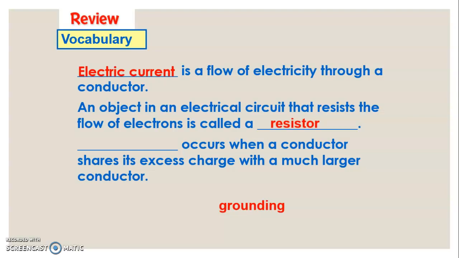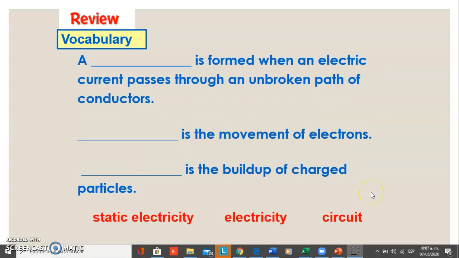And the last one, you know, easily, occurs when a conductor shares its excess charge with a much larger conductor. That is, you check in the glossary. Grounding. Okay, so then number 4, is formed when an electric current passes through an unbroken path of conductors.